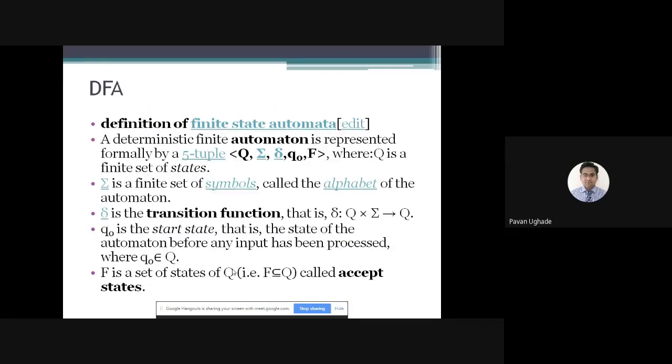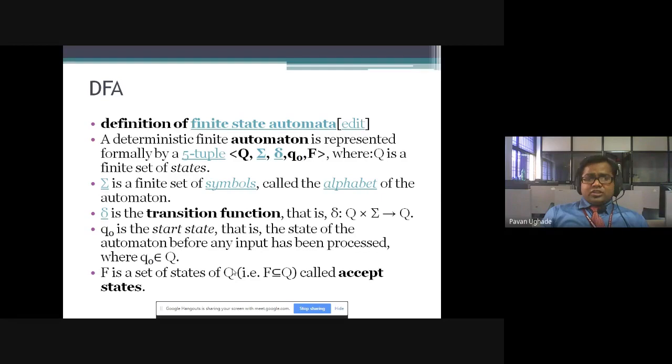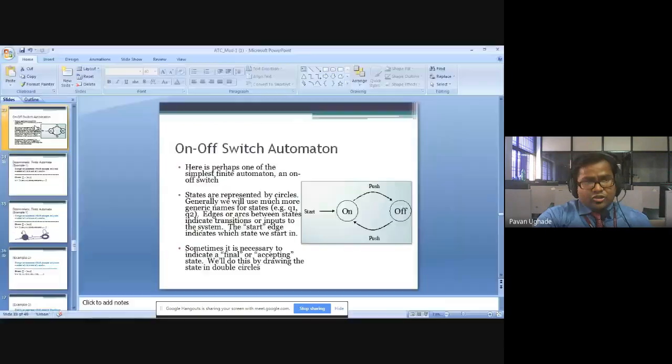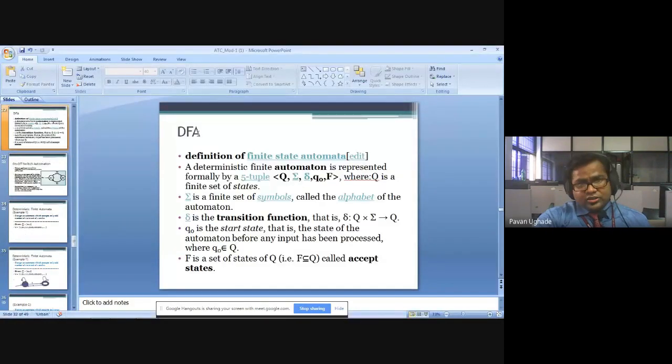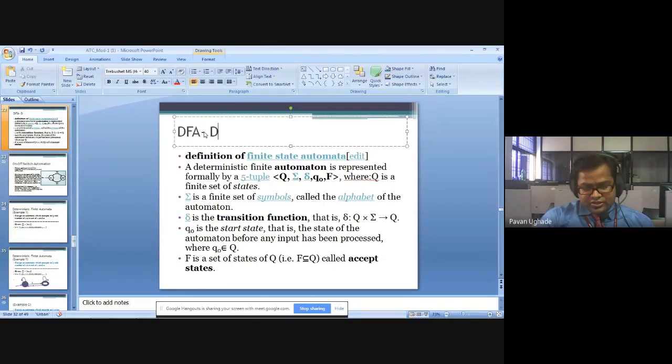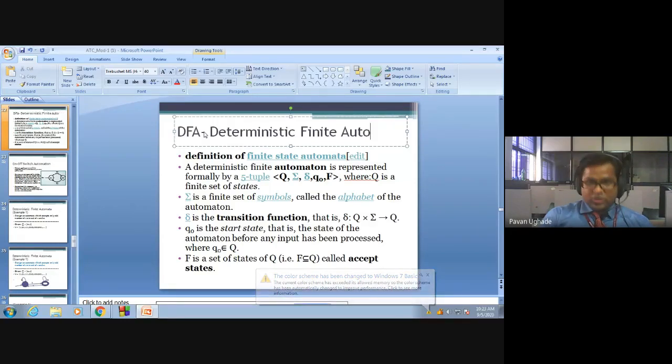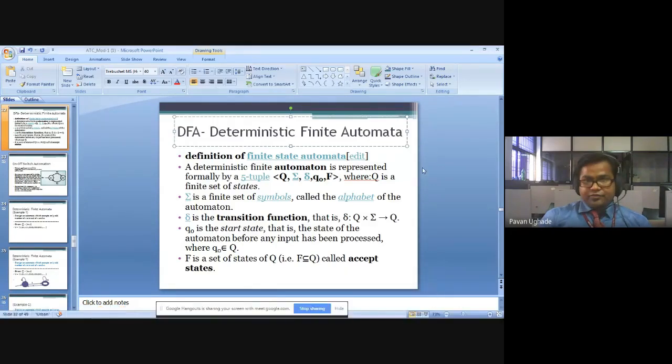Now I'll come to a very important point: this is also called a deterministic finite automata, or DFA. Deterministic finite automata. This is what we will be targeting today.